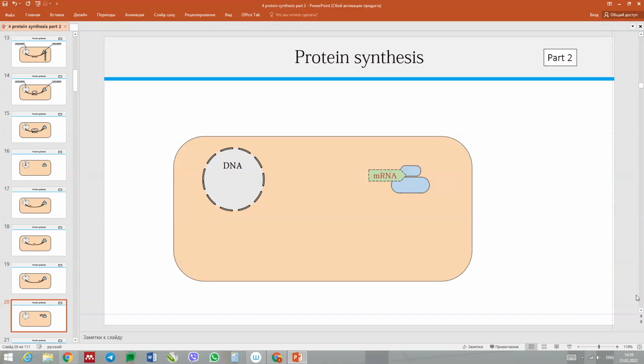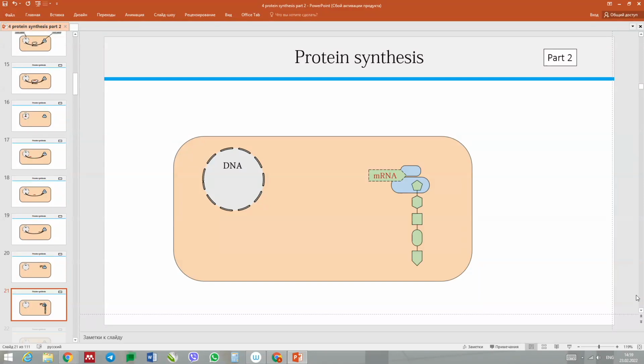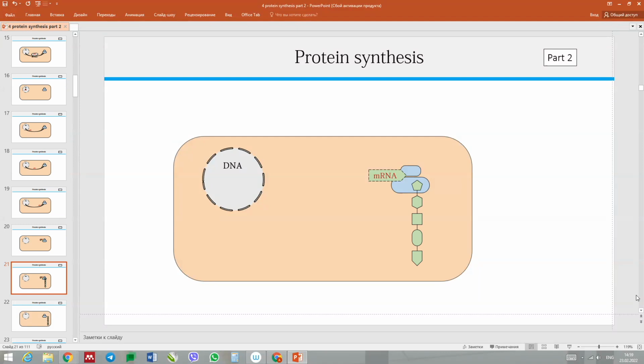And now we have a production department equipped with information about the structure of the protein that has to be produced. And as you see, now we have the primary structure of the protein produced by the ribosome on the basis of information that was provided by messenger RNA.